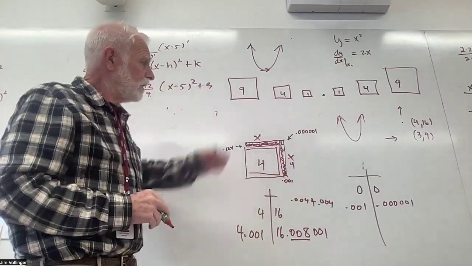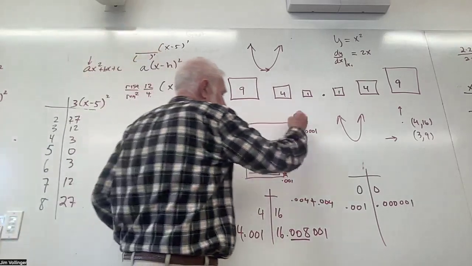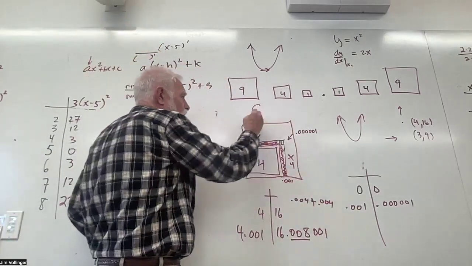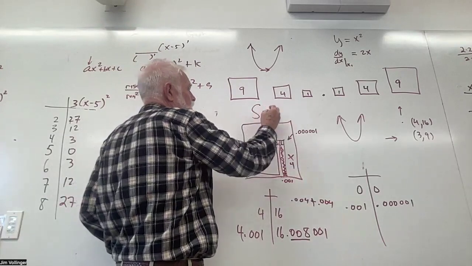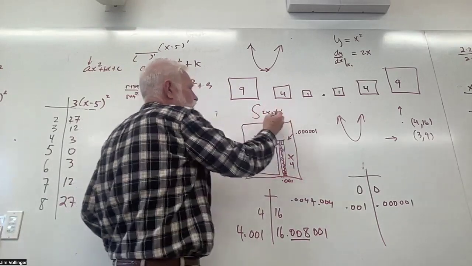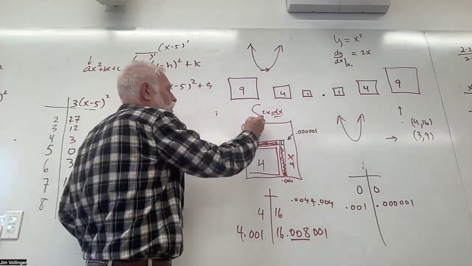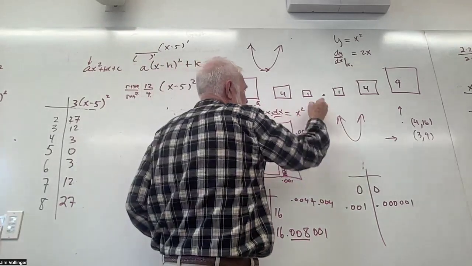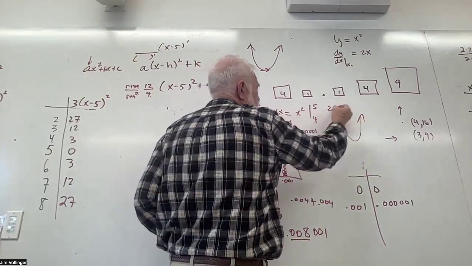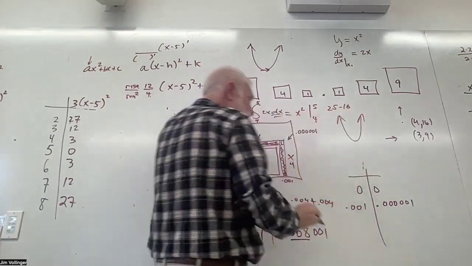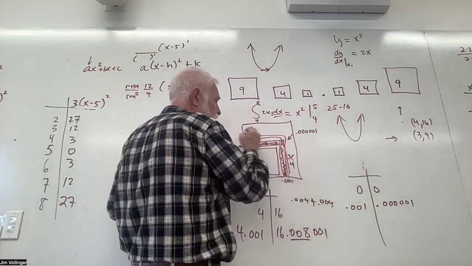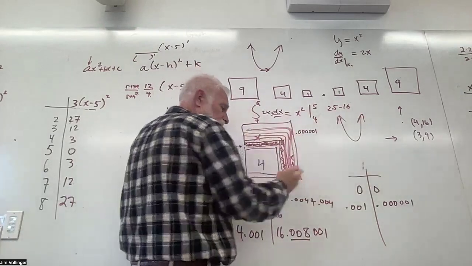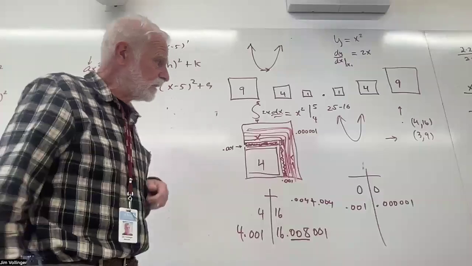And if you add up those layers, you can get to a 5 by 5, right? If you add up all those layers, 2x layers with a little bit of change from 4 to 5, then you get X squared from 4 to 5, which is 25 minus 16. 9 new units of area. And I just want to put that thought in your head before you get to a calculus class, right?